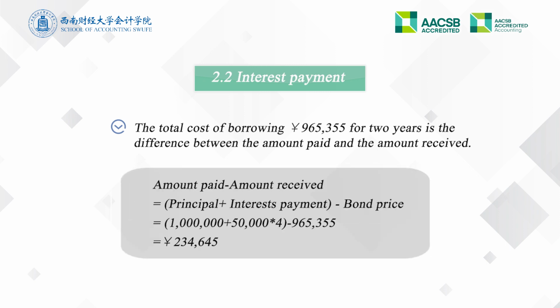The amount paid minus the amount received is equal to the sum of principal and interest payment minus bond price, which is equal to 234,645 yuan.